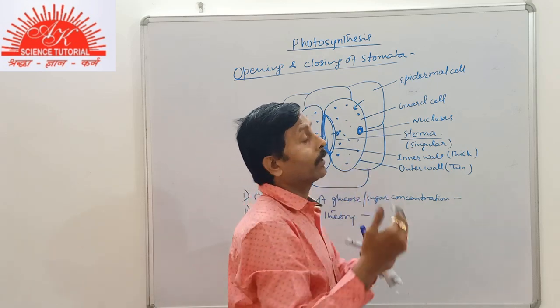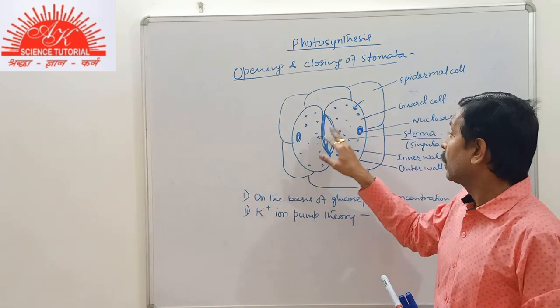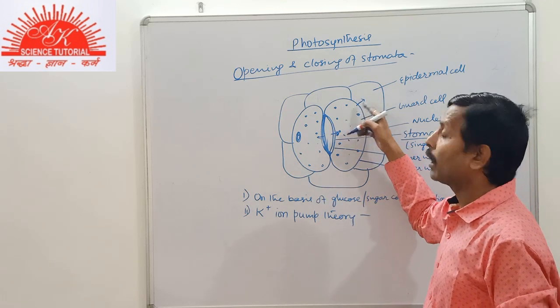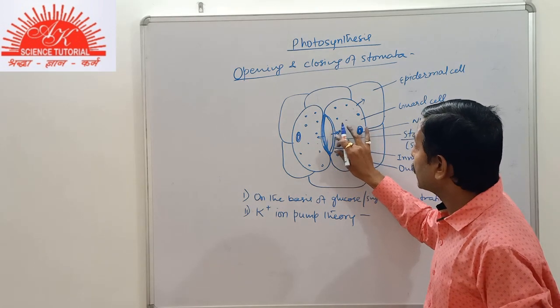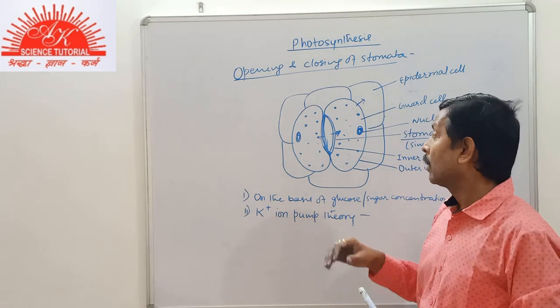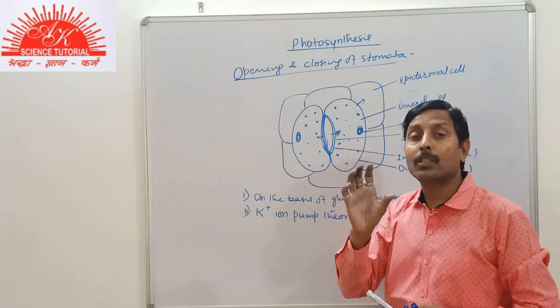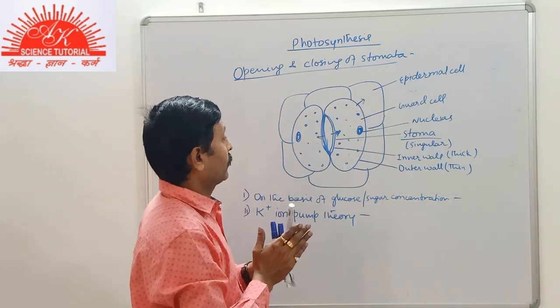Again, during the night, photosynthesis stops. K plus ions gradually diffuse outward into the other cells. The cell sap of the guard cell becomes hypotonic. Exosmosis takes place and the guard cell returns to normal shape, closing the stoma.